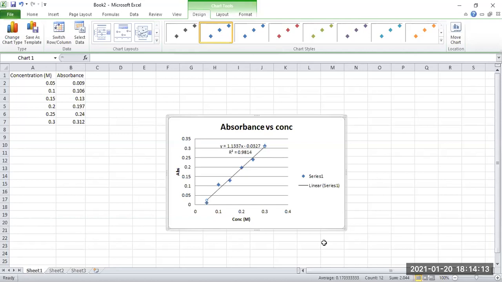So my straight line has a slope, because remember, good old y equals mx plus b, because we're doing algebra here. I have a slope of 1.1337. And then my y-intercept is negative, because it's minus 0.0327. My R squared value is not awful, but it's not amazing either.